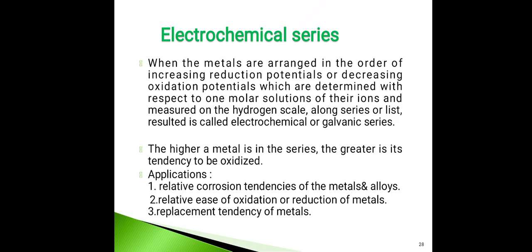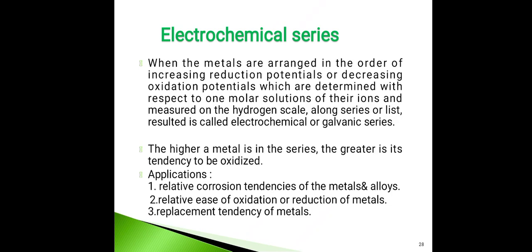Now you see, the higher a metal is in the series, the greater its tendency to undergo oxidation, and the more easily it gets oxidized. There are some important applications of this electrochemical series.